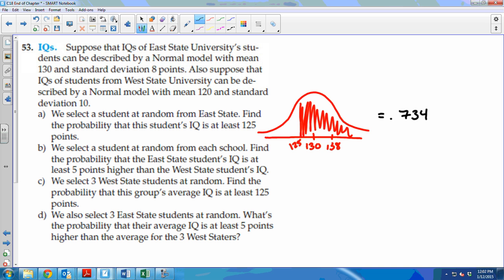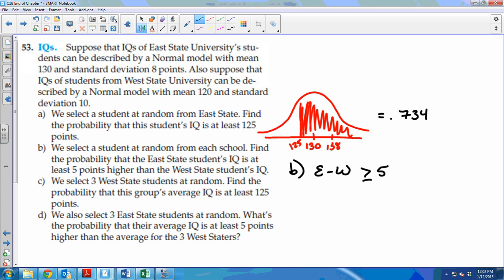That means if I did East minus West, we want that difference to be greater than 5. Right? Agreed? Okay. Well, if we're doing east minus west, we're still not doing a sampling distribution model or anything, but we're combining two variables.